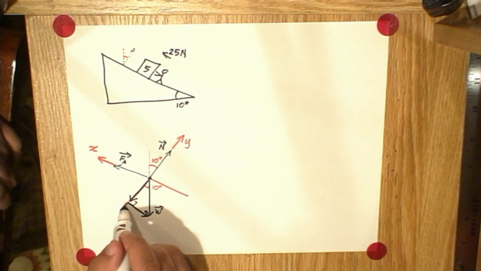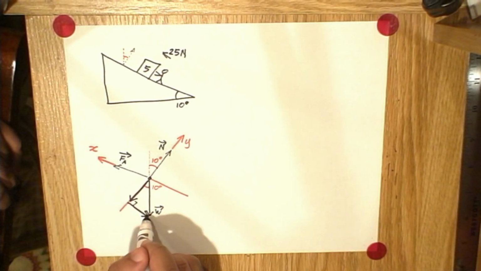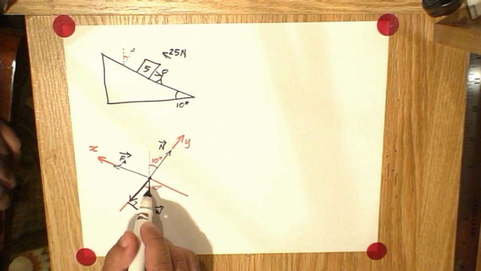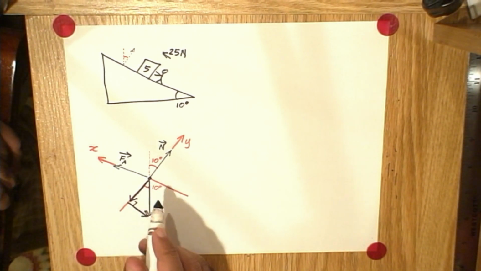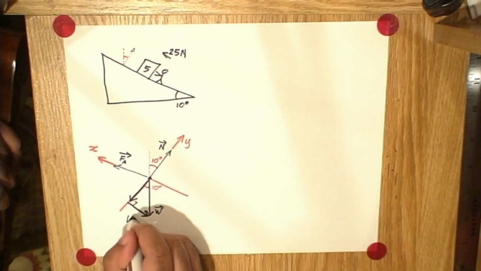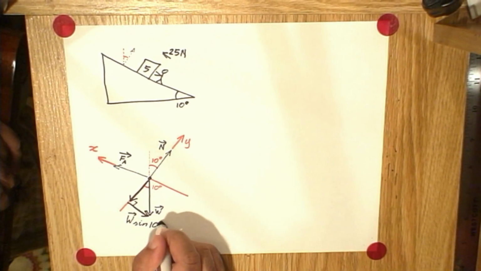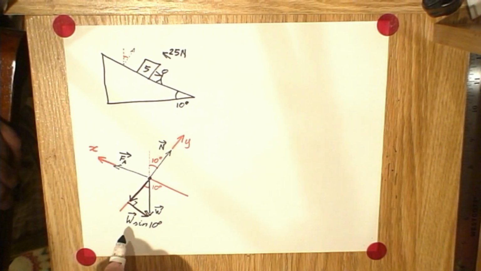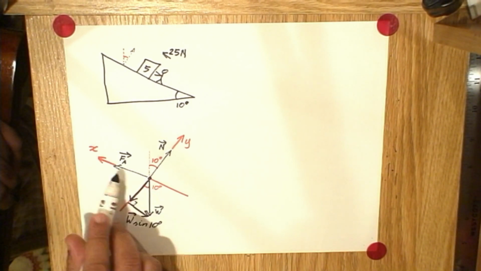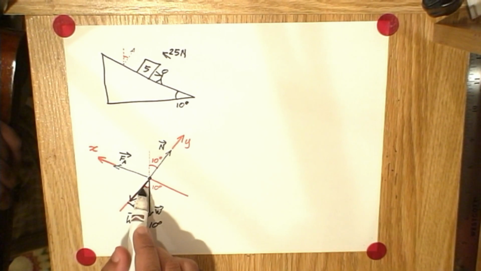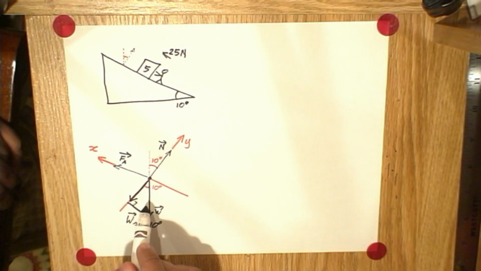Now, this component over here, which is in the x direction, is opposite the 10-degree angle. Therefore, this is weight sine of 10 degrees. Again, you heard that correct. The sine component is in the x direction because it is the opposite side of this angle.